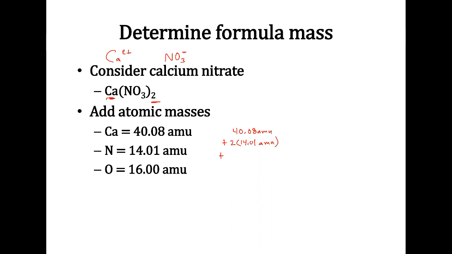Well, there's 3 oxygens per nitrate, but then there's 2 of them, so that's a total of 6. So 6 times 16.00 AMU. And then once you add all that up together, you should end up with something around 164.10 AMU. So whether you're looking for a molecular mass or a formula mass, it's still the same process for either of those.